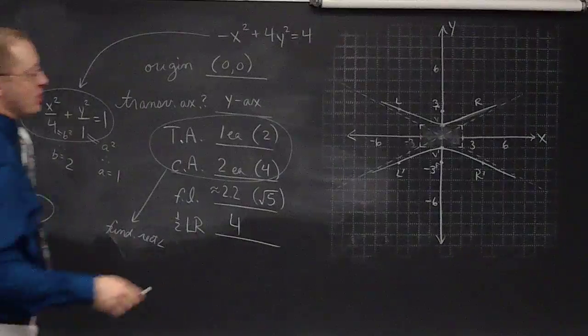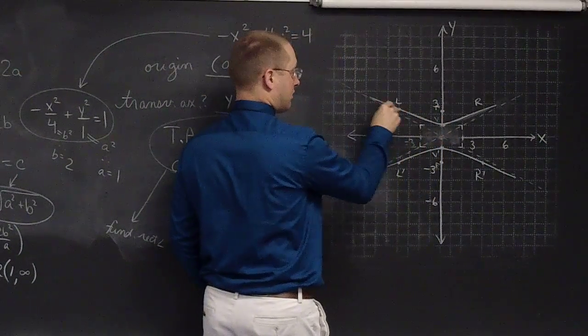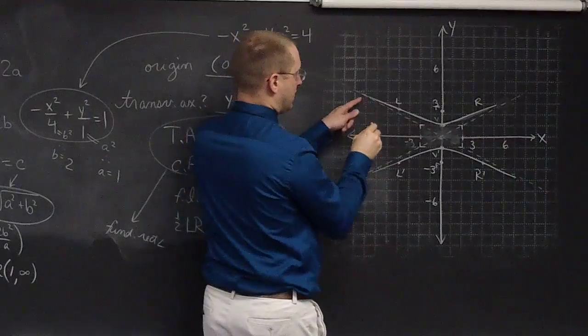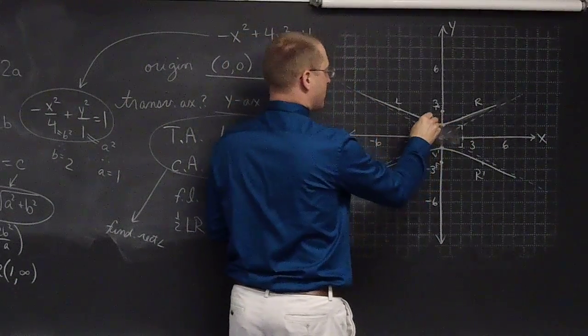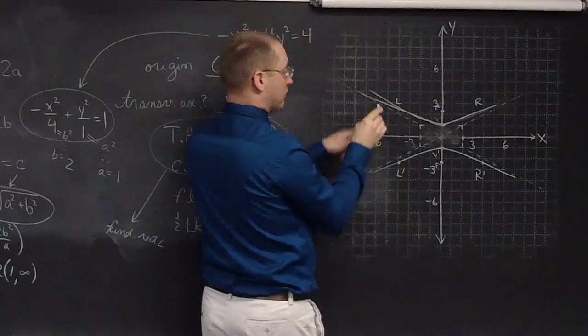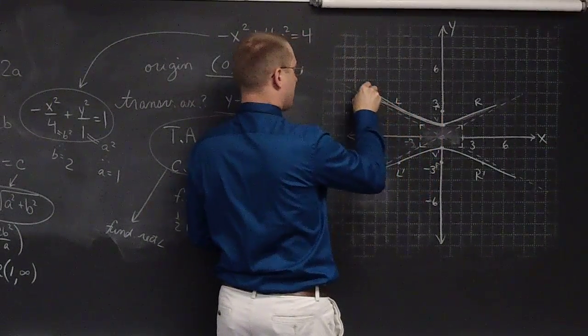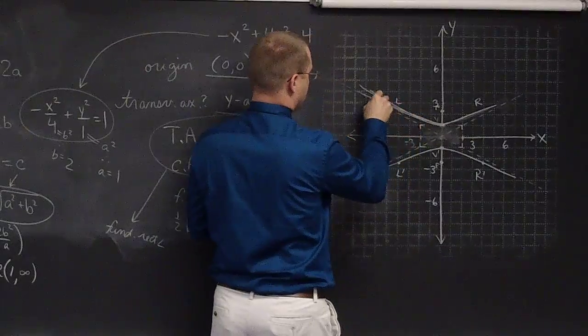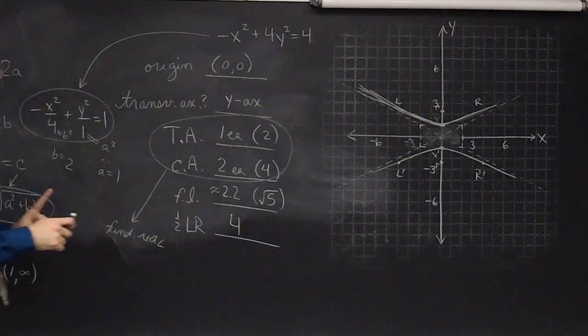Remember with an asymptote, at no point should we touch it. Okay, here it touches. Okay, that's a problem. At no point should we curve away. At no point should we run parallel to it. It's got to constantly be approaching but not touching.